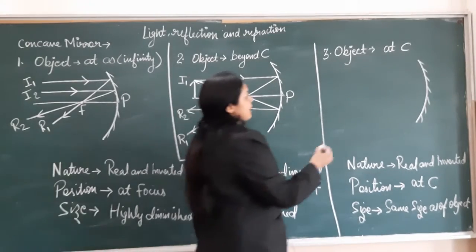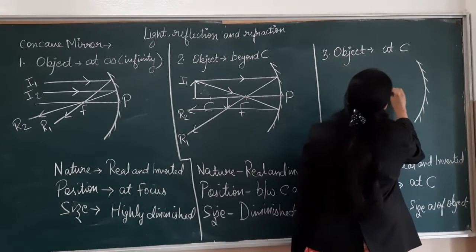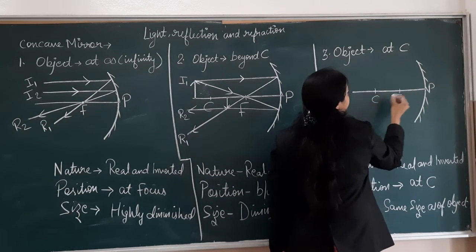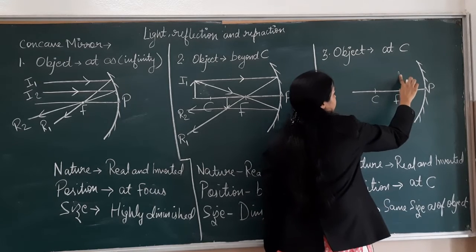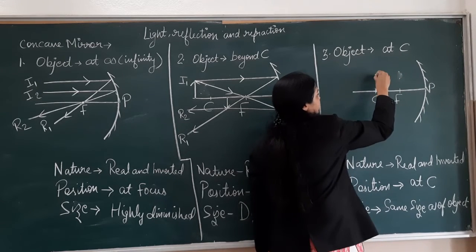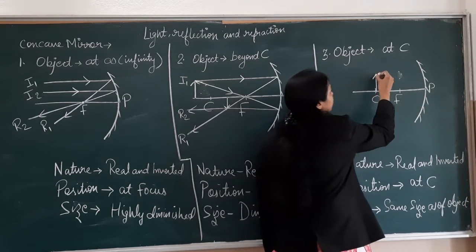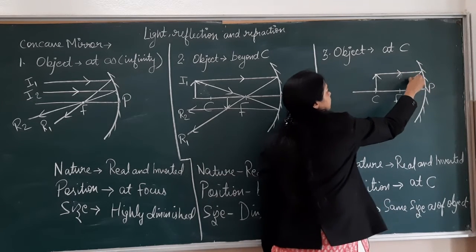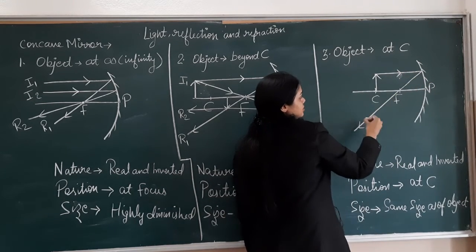In the third case, we have to keep our object at C, that is, at the center of curvature. Rule number 1: a ray parallel to the principal axis passes through the focus.